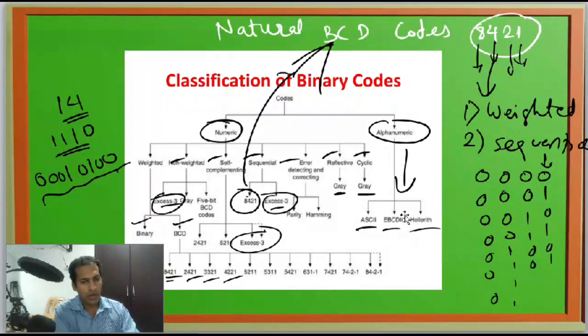Apart from BCD, we have to study XS3 code, Gray codes, and how we use them in the examples. So all these examples and how to solve them we will begin in the next session.